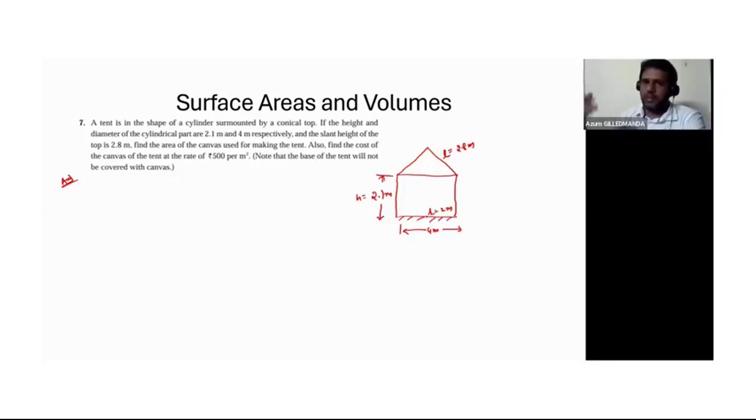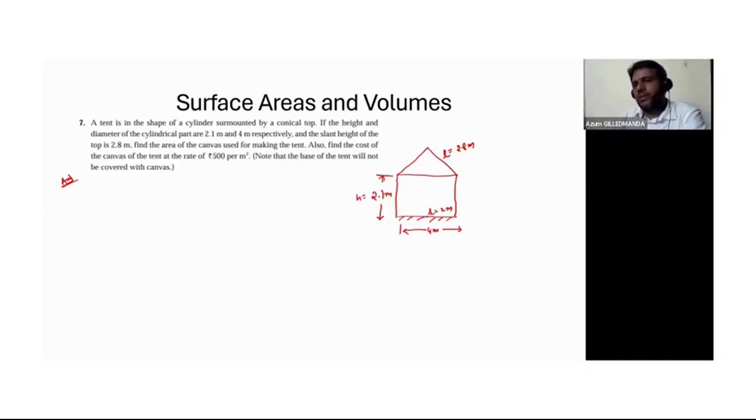That means the curved surface area plus the conical curved surface area. So that's where we need to fill with a canvas. You understood, right? So this is like a hut, a tent house. The walls are cylindrical and then the top is conical.